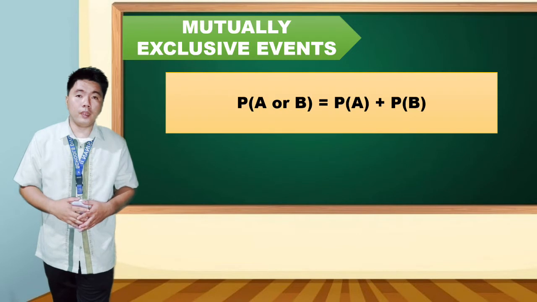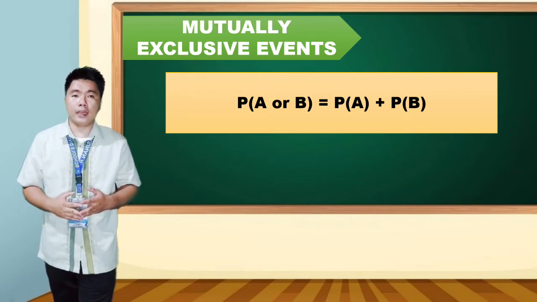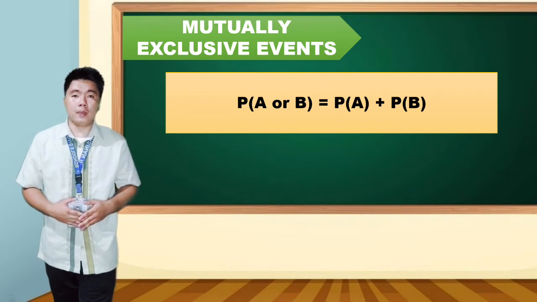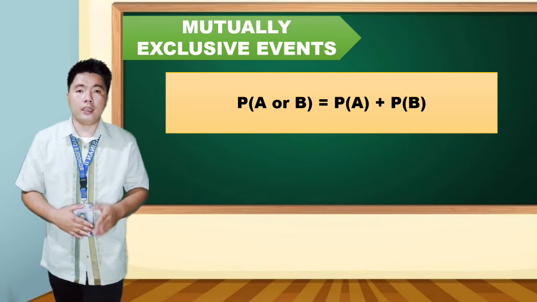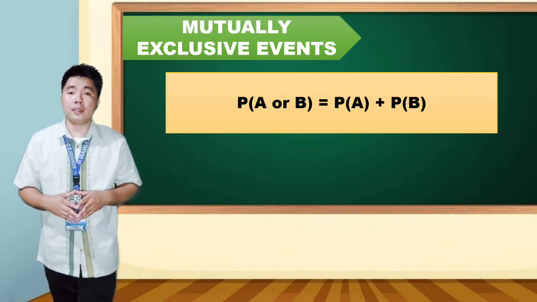In solving the probability of mutually exclusive events, we have this formula: the probability of A or B is equal to the probability of A plus the probability of B. The keyword for mutually exclusive events is the conjunction OR.